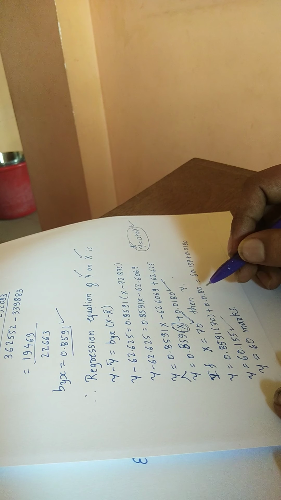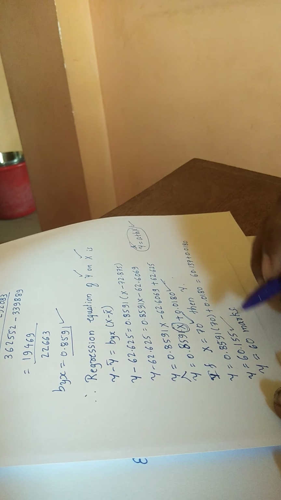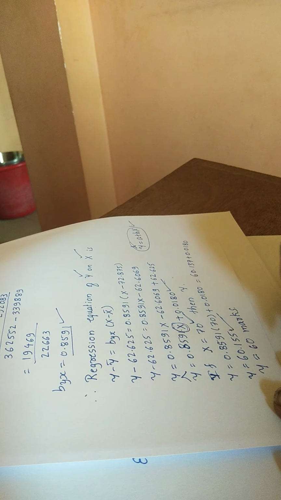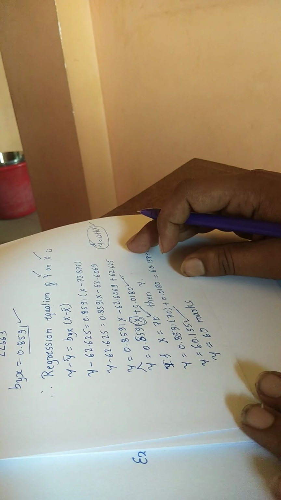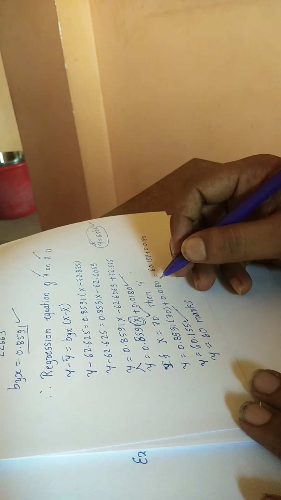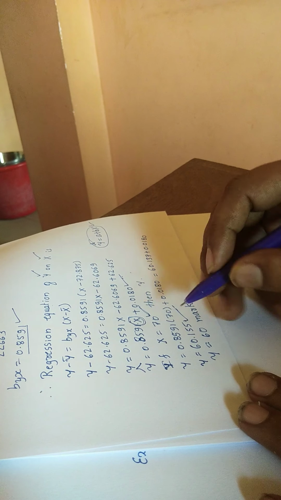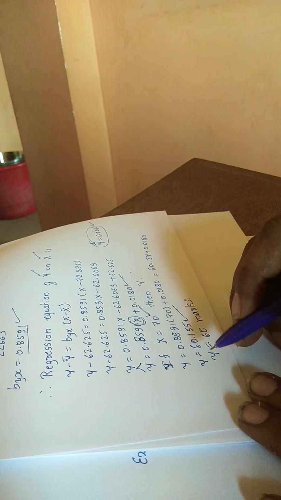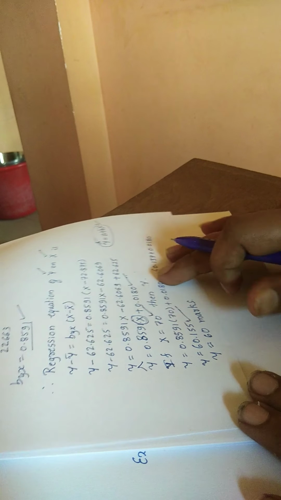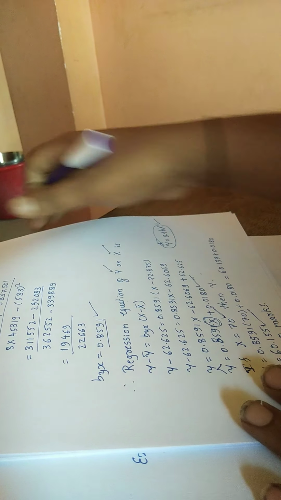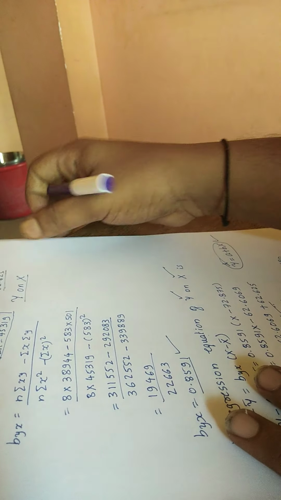After substituting x as 70, we get the marks as 60. That is, if the student's attendance is 70%, we get the result as 60 marks. So this is nothing but the fitting of a regression analysis.